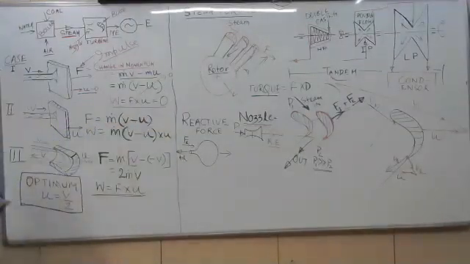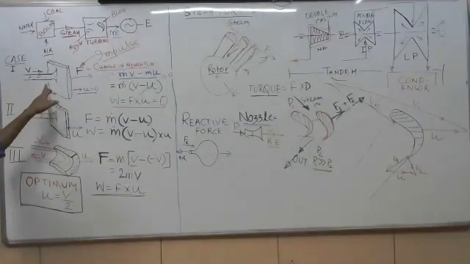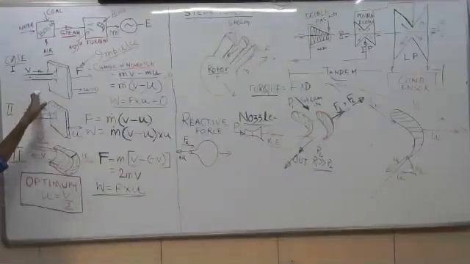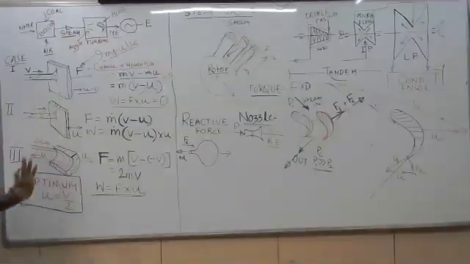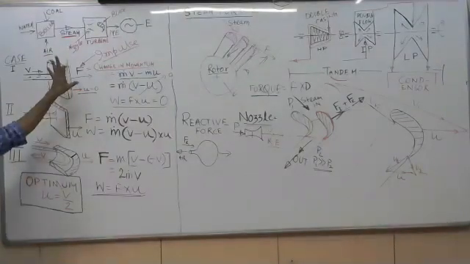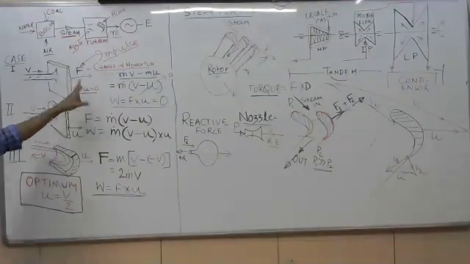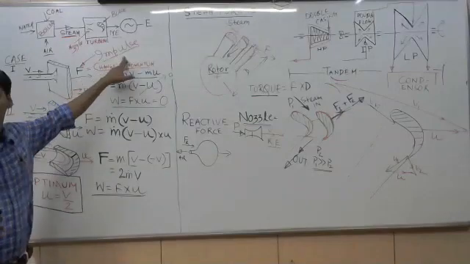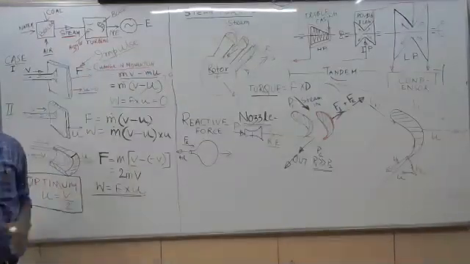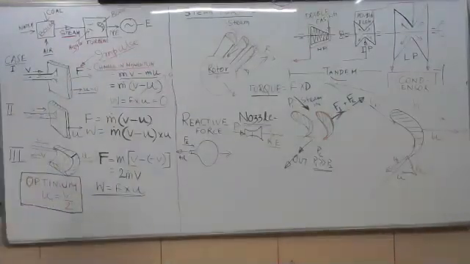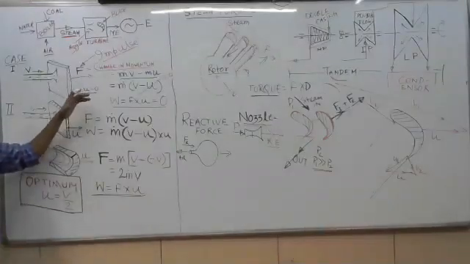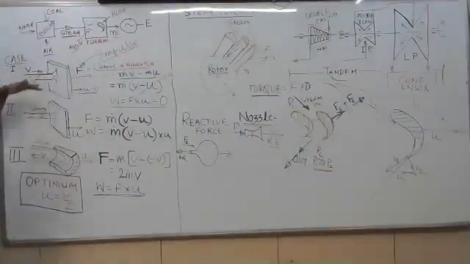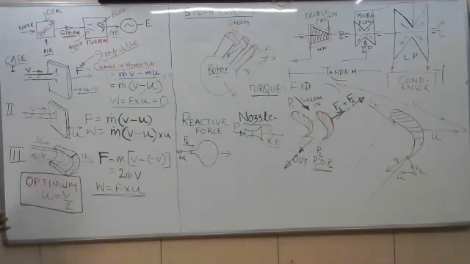That means we are not getting any work from this jet. The kinetic energy is lost here and we are not getting any output. It is not useful, but for the fundamental idea, that force is called impulse force, the force due to change in velocity. By that principle we are not getting output, so this first case is not required for us.